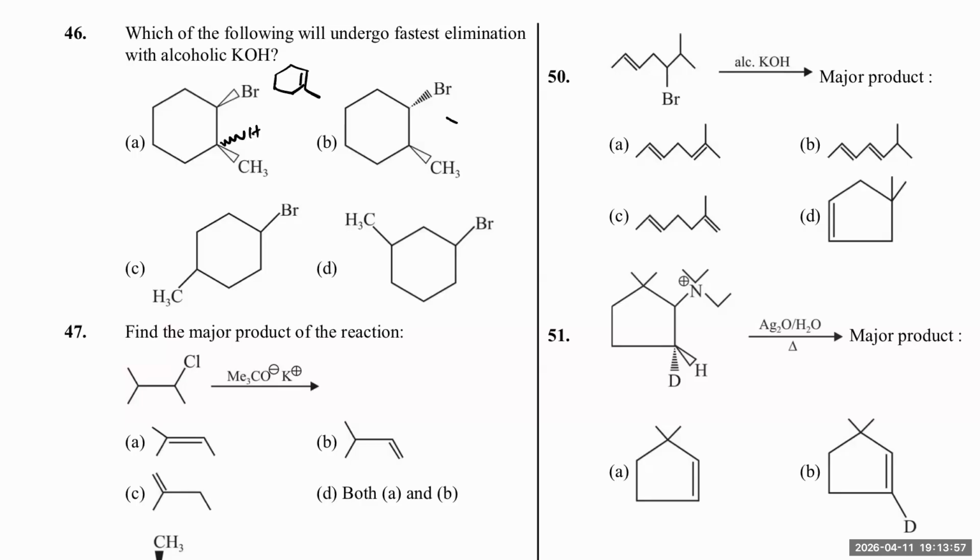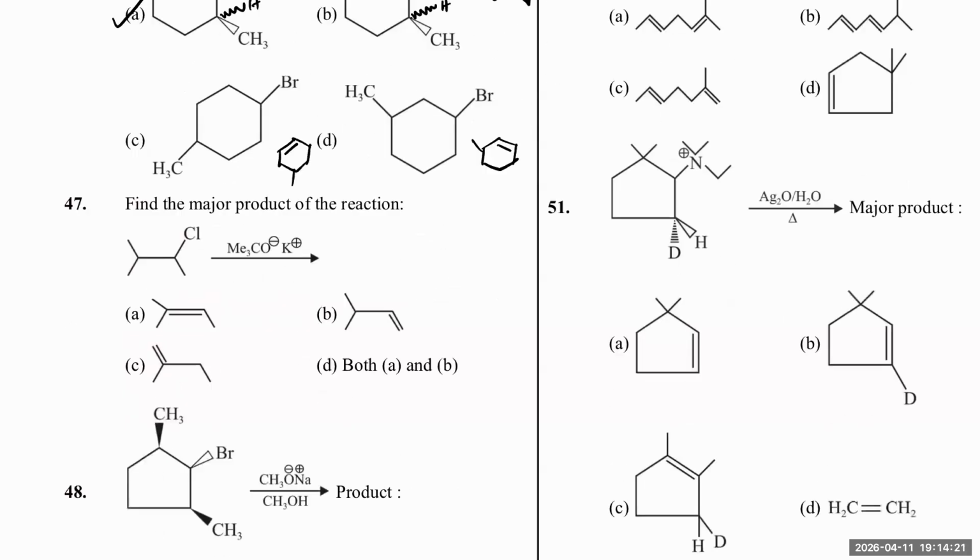Here you will not get this product because on this side the hydrogen is also on the same side. So elimination happens on the other end like this. This is the product. And here also elimination could happen on any side. In that case, the most stable product is A. So A will be most easily coming out.